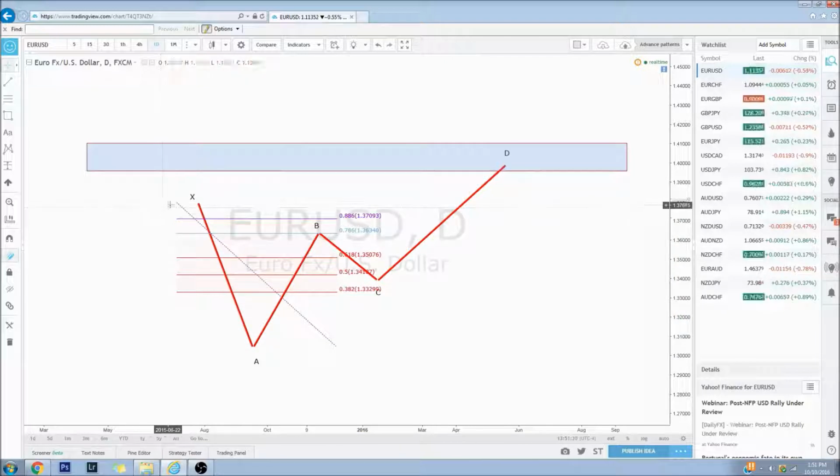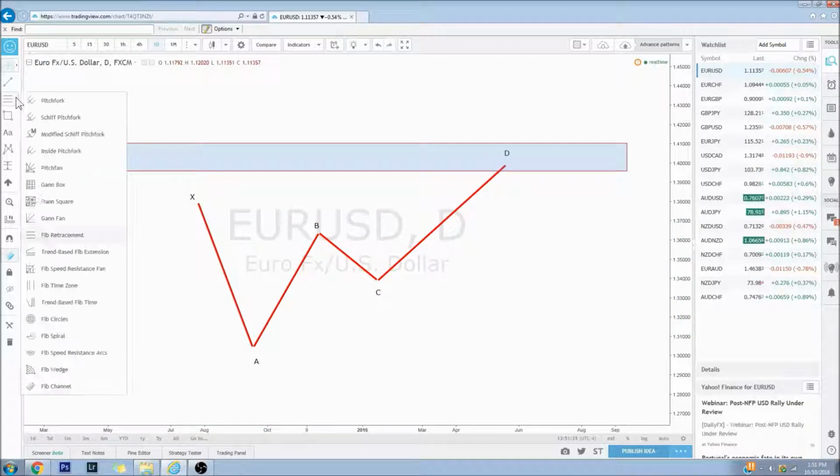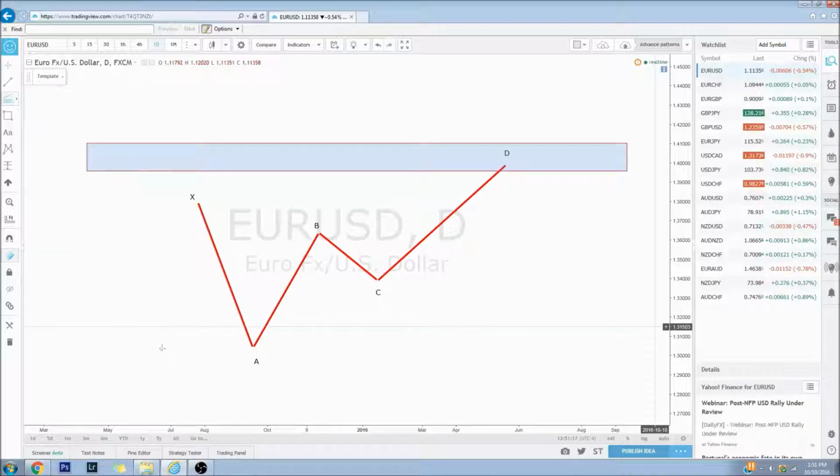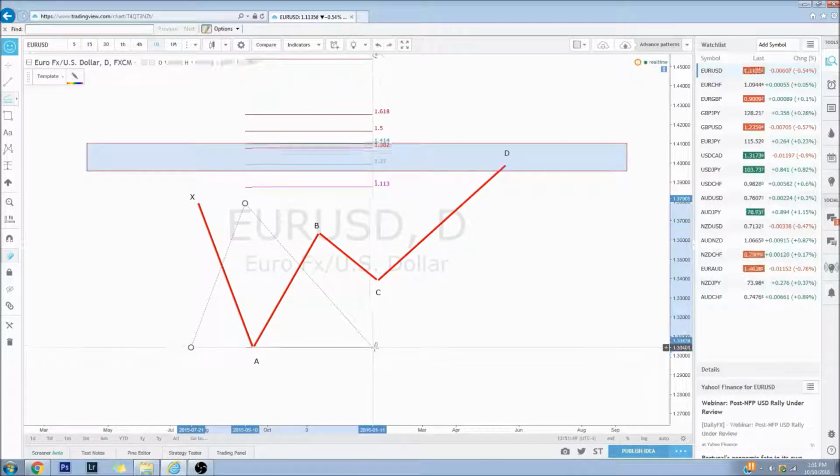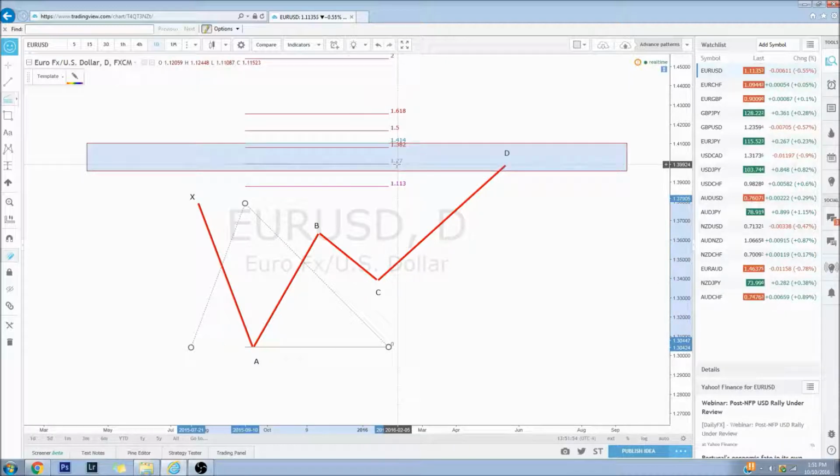Now the completion point will be a Fibonacci extension of the X to A leg. So that's X to A, or A to X, Fibonacci extension, and we're looking at a 127 entry point.